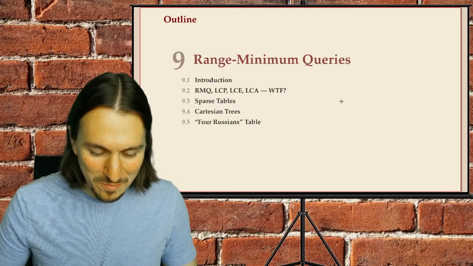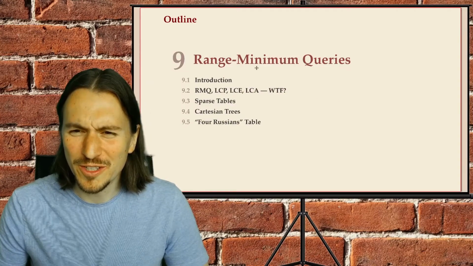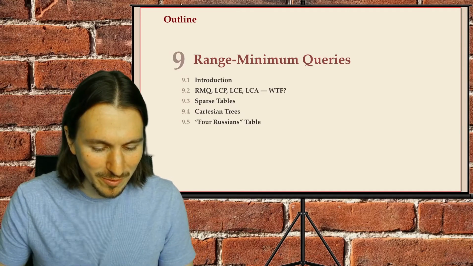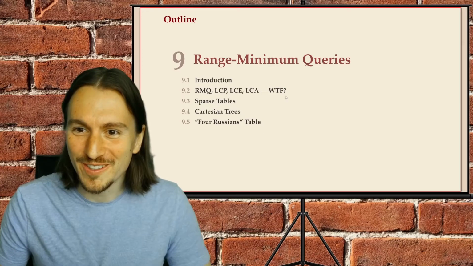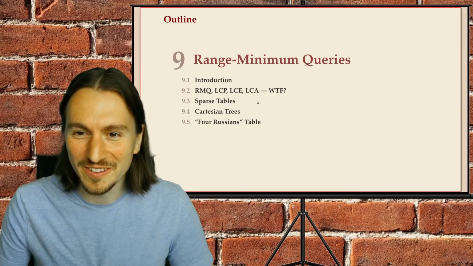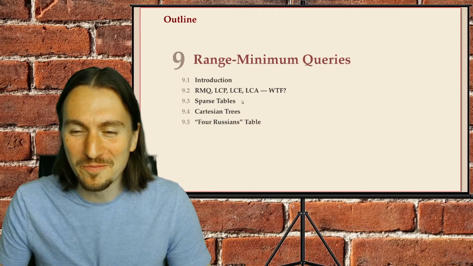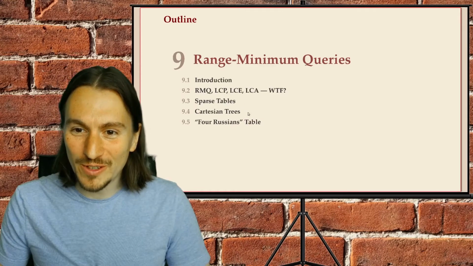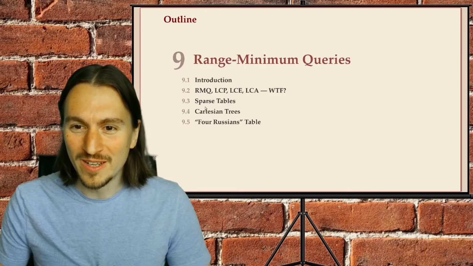What is this about? I'll start with a little bit of an introduction. What is this problem? Where's this weird name coming from? My favorite subsection title, I won't read it out or tell you what the abbreviations mean right now. And then we'll look at solutions for this range minimum problem.